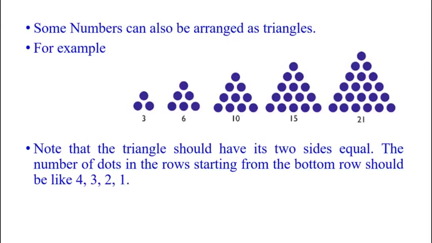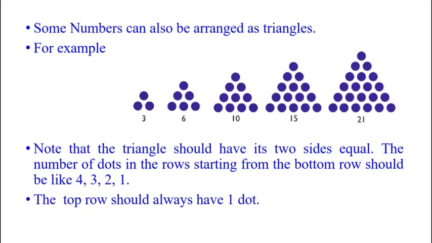The number of dots in the rows starting from the bottom row should be like 4, 3, 2, 1. The top row should always have 1 dot, and from top to bottom the number of dots is increasing by 1.